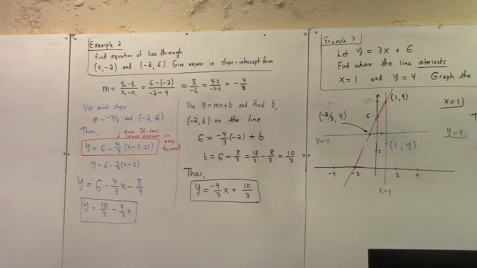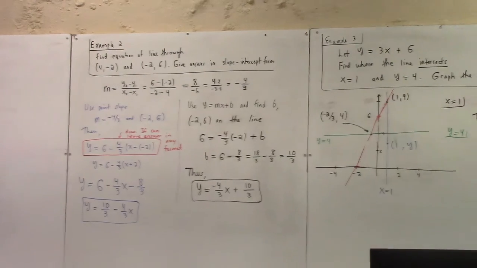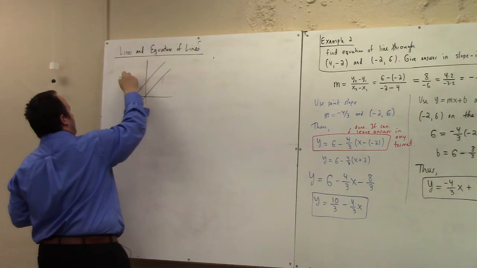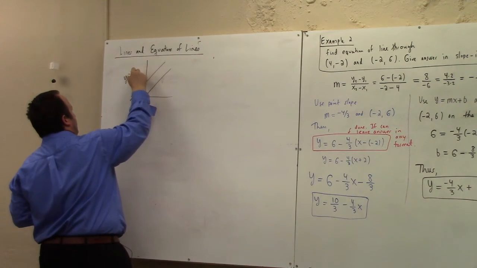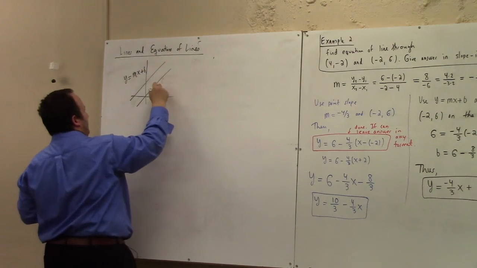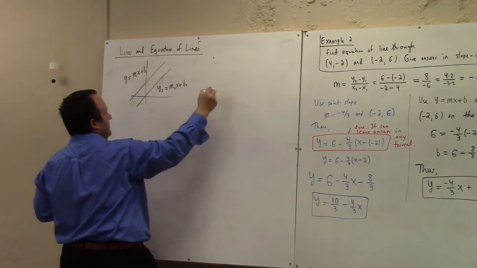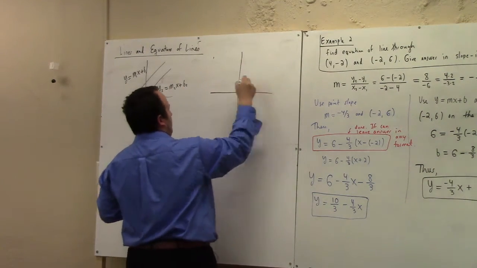So if we have two parallel lines, and suppose we've got y equals m1 x plus b1, and this one down here is y equals m2 x plus b2, versus we have perpendicular lines.